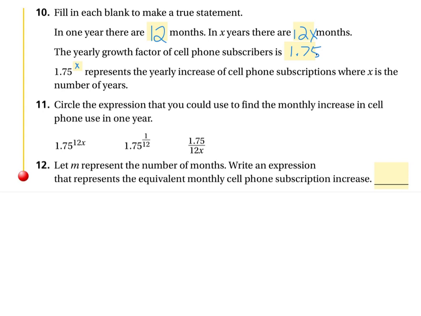So the expression that we would use to find the monthly increase in cell phones would be 1.75 to the 1/12. If M represents the number of months, write an expression that represents the equivalent monthly cell phone subscriptions increase. It increases by 1.05 to the M. And of course, that is this value increased by the monthly cell phone subscriptions.